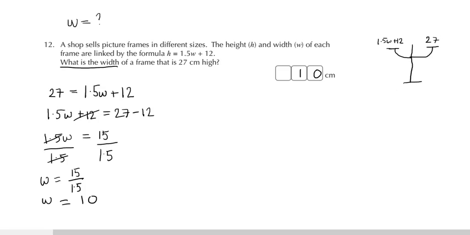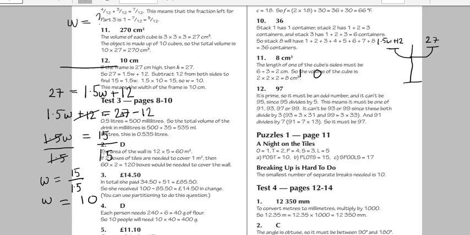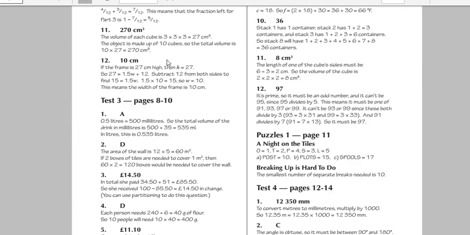Now I know there was some confusion because the answer book basically skipped a couple of steps. So let's have a look here. I'm going to take away all of that. Here is the answer as presented in the answer book.